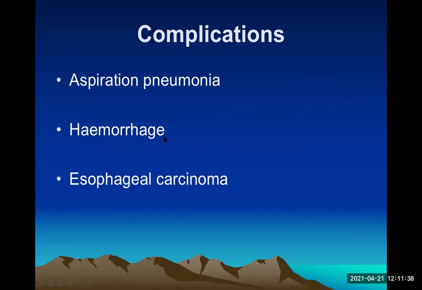Hemorrhage, because of the inflammation going on there and the mucosal damage, can occur, and in around 5% of cases esophageal cancer can develop. This is usually squamous cell carcinoma of the esophagus, and the reason given is the prolonged contact time of the food with the esophageal mucosa, because it is not going distally.